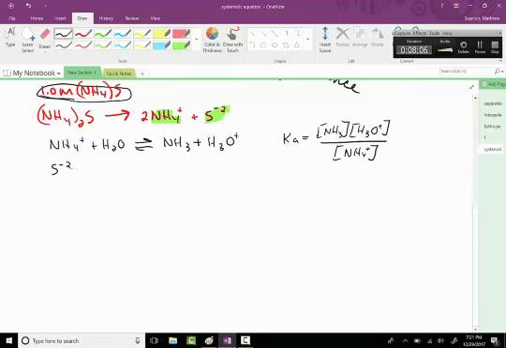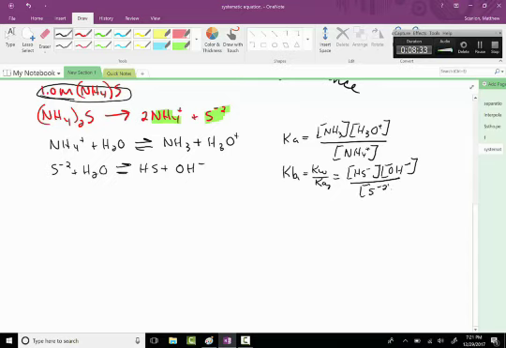S minus 2 plus water in equilibrium with HS minus plus OH minus, and that is Kb1, which is equal to Kw divided by Ka2, and that is equal to the concentration of HS minus times the concentration of OH minus divided by the concentration of S minus 2. Forgot my minus there.